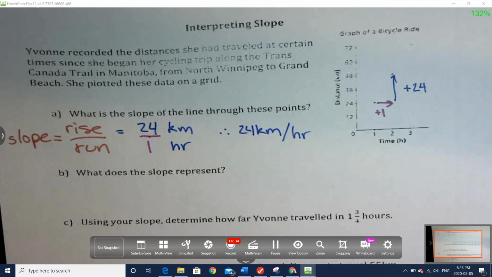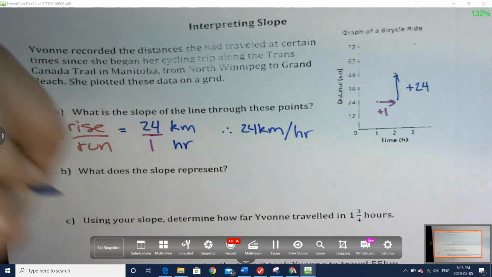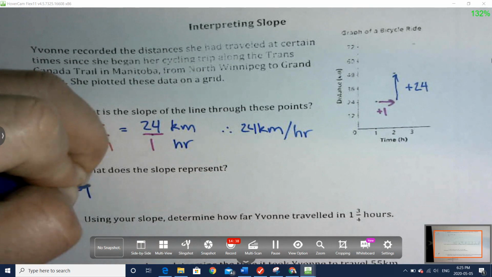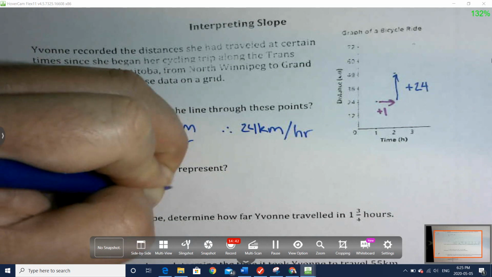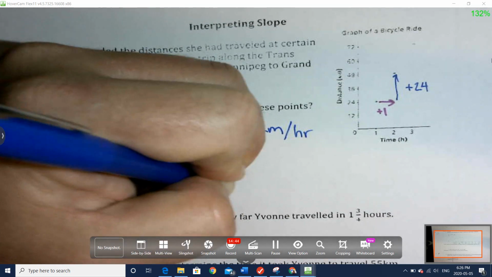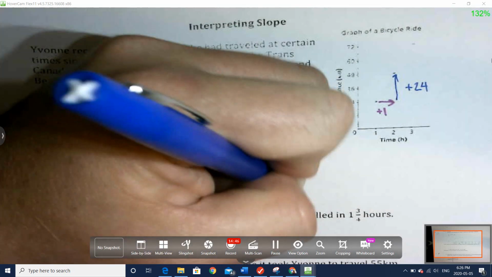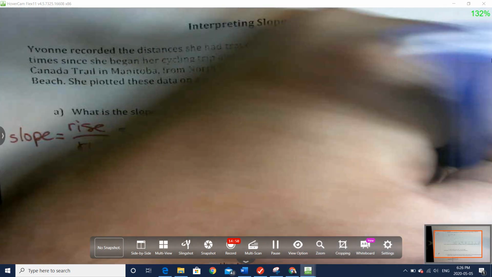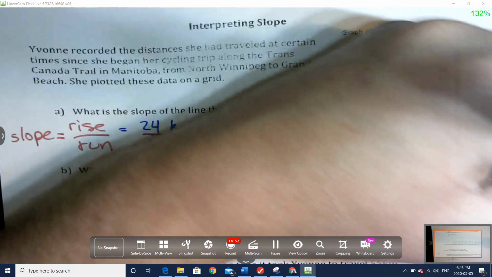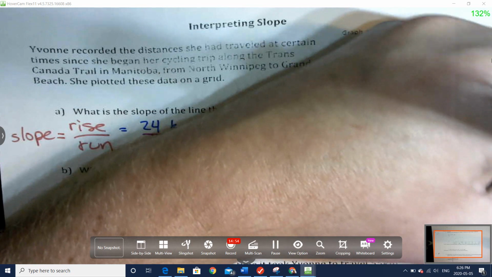What does the slope represent? It represents the speed or rate at which the distance is increasing.